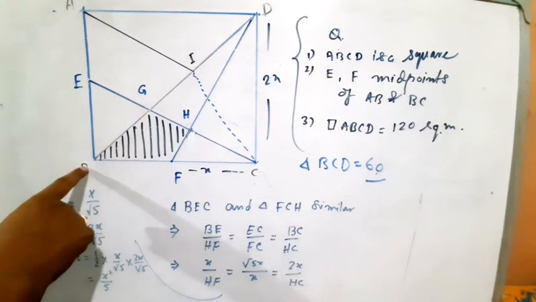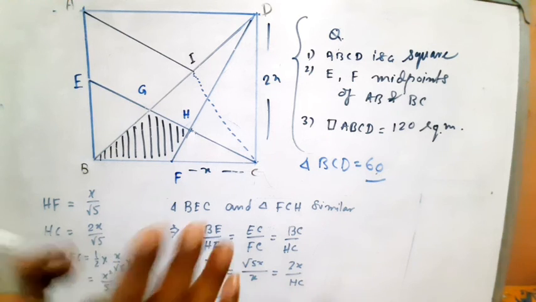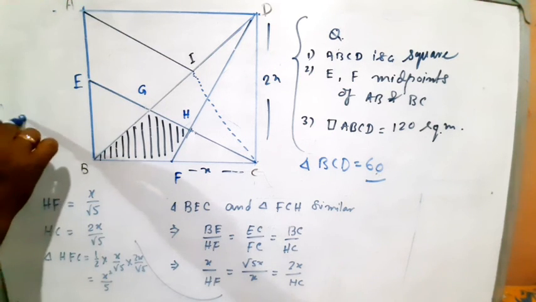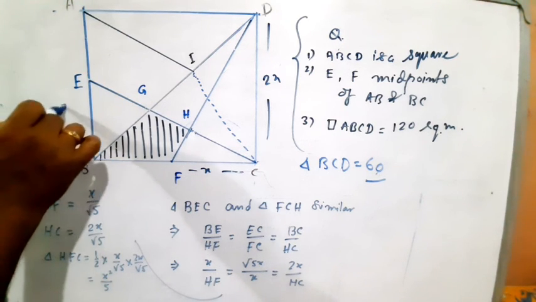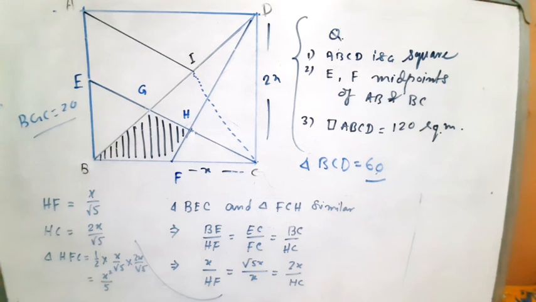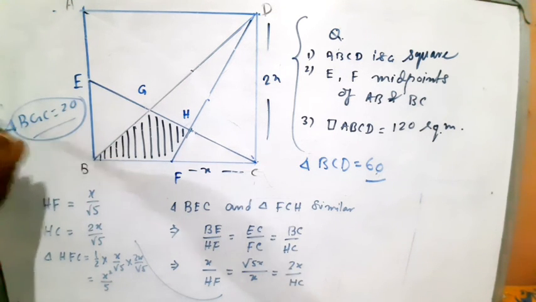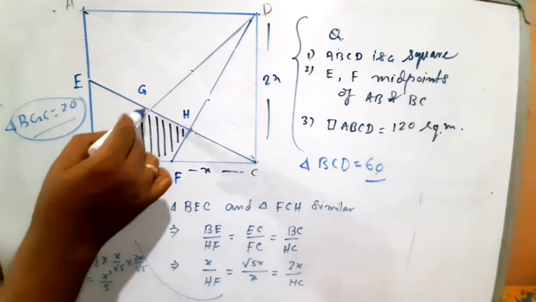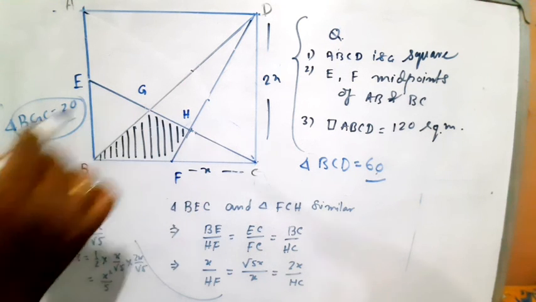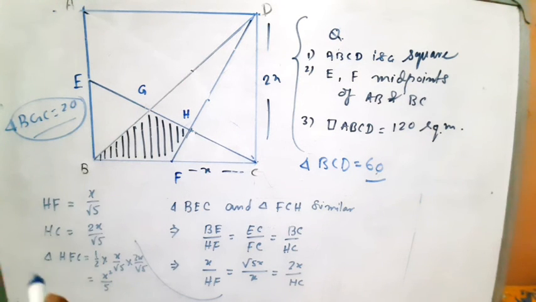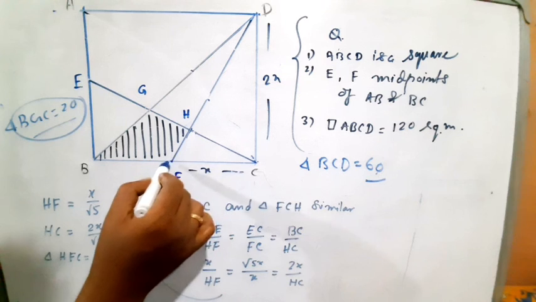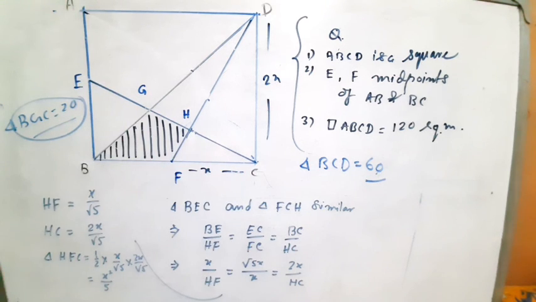So BGC equals 20. Triangle BGC is 20. I think it's okay. So this is the vital point. If we want to calculate this area, we have to calculate the area of this triangle.